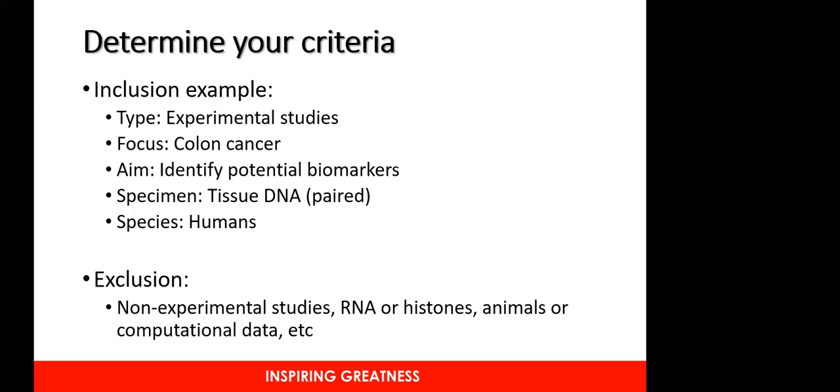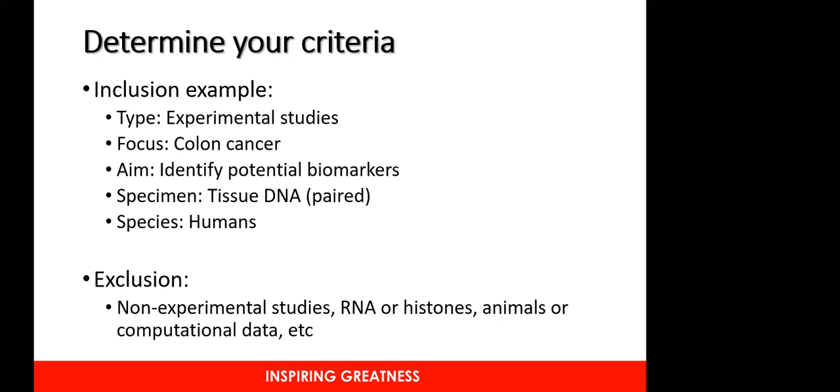And this is your method section, by the way. So you'll be focusing on experimental studies, focusing on colon cancer, identifying potential biomarkers, for example, and using tissue DNA in paired samples and in humans, because there are other studies that look at colon cancer in other animals.